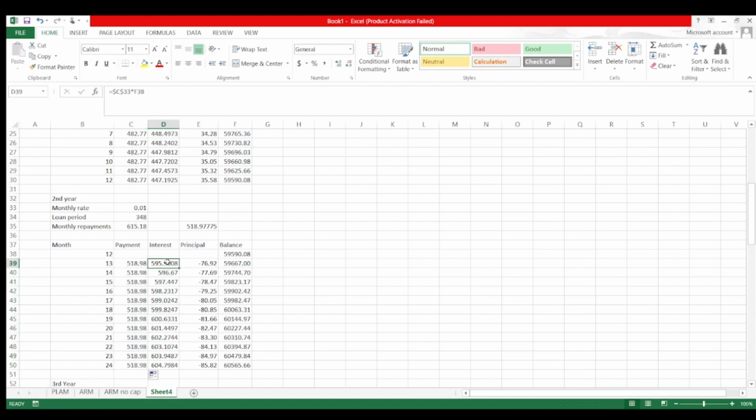However, note that the interest payment is still calculated as a percentage of the actual monthly rate which we had used to calculate the uncapped payment. So in this case, let's say this is the uncapped, while this other one is the capped payment.